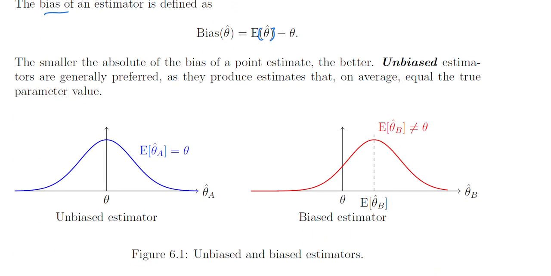Here I have an illustration about being biased and unbiased. Let's say I have two point estimators, theta A hat and theta B hat, for the population parameter theta.